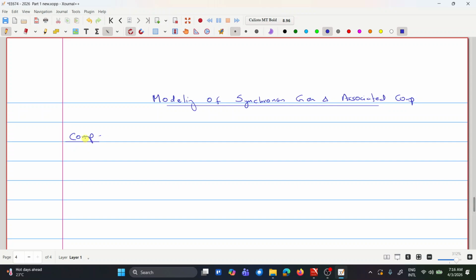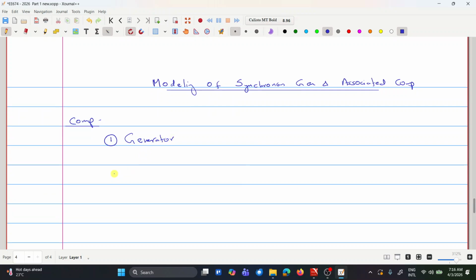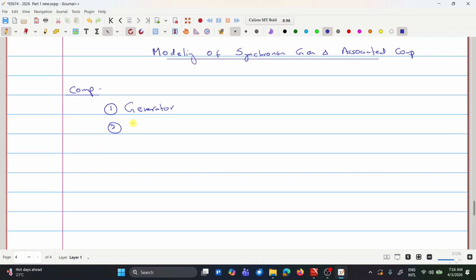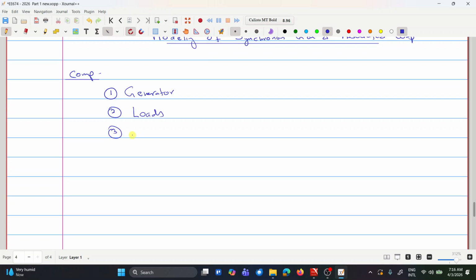We will first model the generator itself, and then we will model the loads, and then we will also model the prime mover, and then the governor.